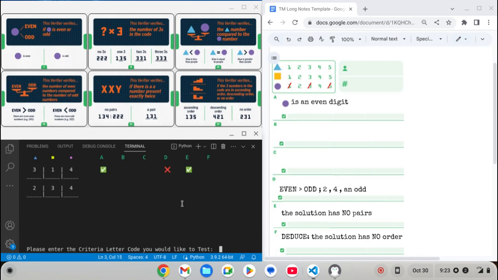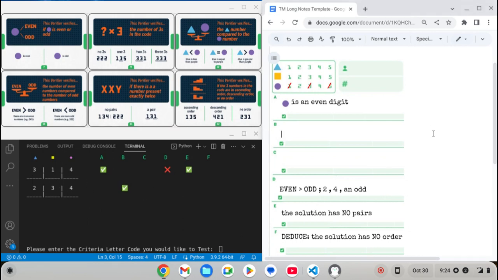Okay, so I think the biggest choice I made is that I am saying that there is a 3. So let's go ahead and test criteria card B. Okay, so it is true that there should be a single 3 in our solution.